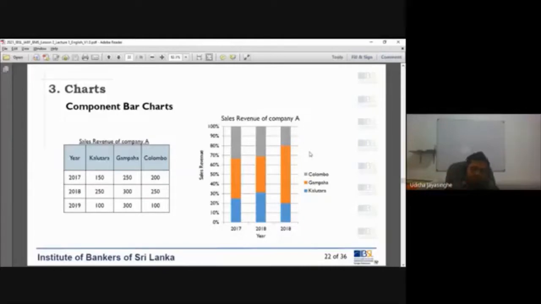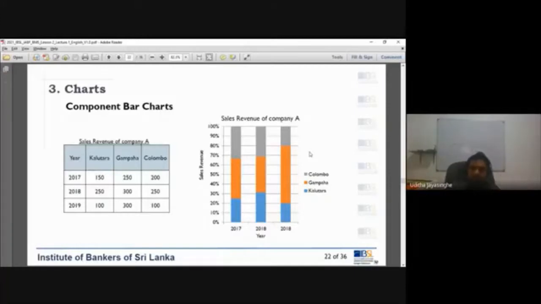Your decision maker can argue, okay, Gampaha is giving us more revenue, fine, we can focus on Gampaha. But on the other hand, you can say we have to do something about Colombo and Kalutara districts to get a greater percentage of revenue, so that our absolute number will be larger and larger in the upcoming years.